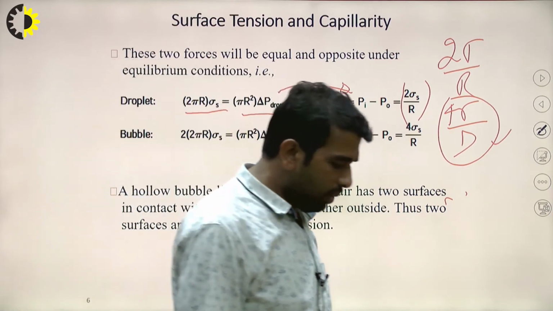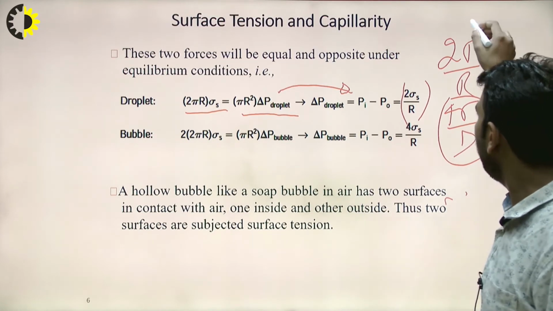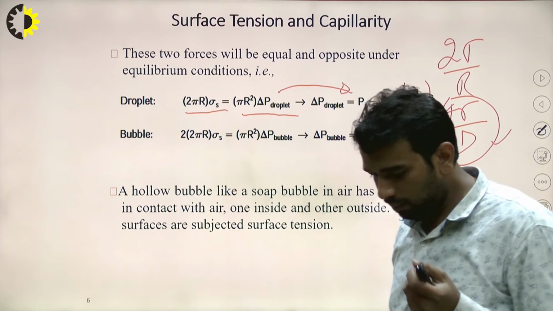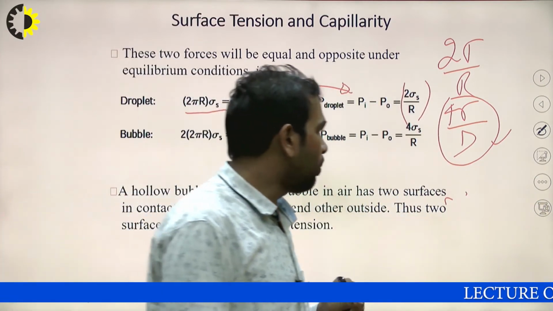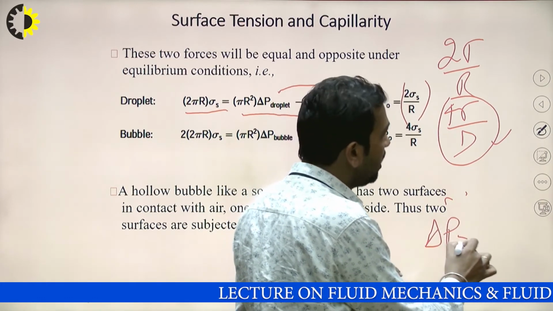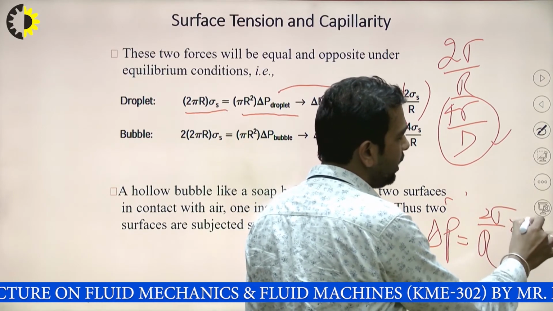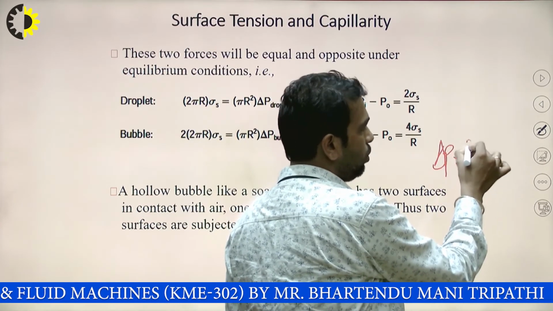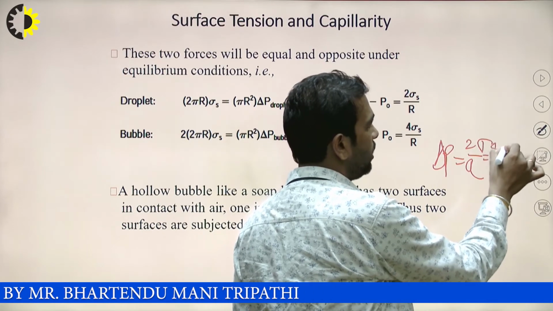In the same way, we are going to establish that if any fluid has a droplet, inside the droplet it is going to create an extra pressure, that is del P, which must be equal to 2 sigma by r, or you can also write that as 4 sigma by d.